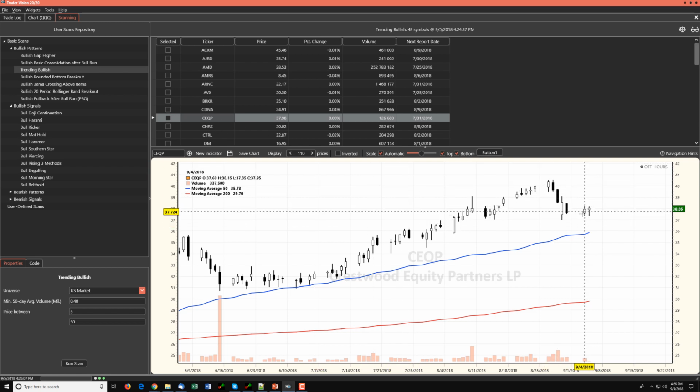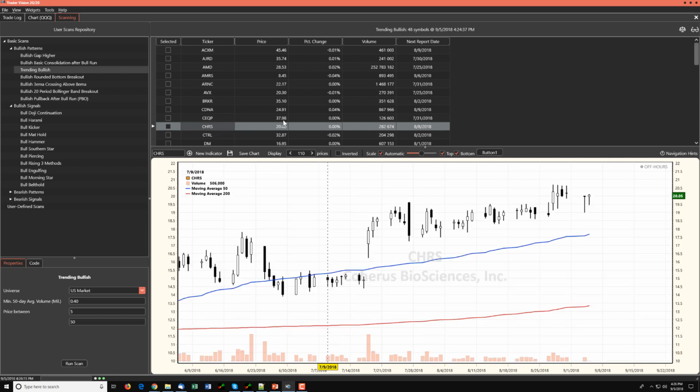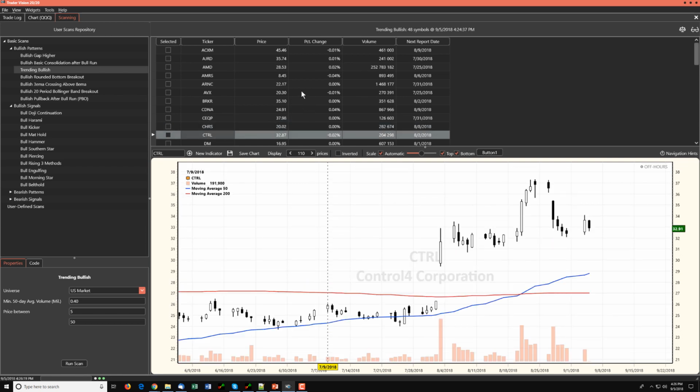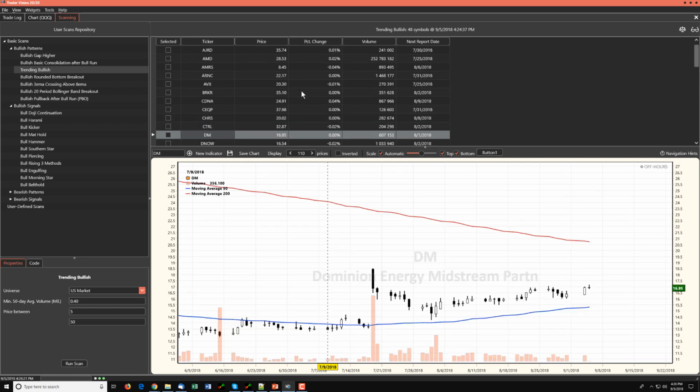Crestwood's not bad, it seems to be finding some support in here. So Crestwood might be worth a look. And I want to get there. Dominion, possibly on a breakout. It's about, let's call it 17 bucks, up into the 1850, just to this previous high.